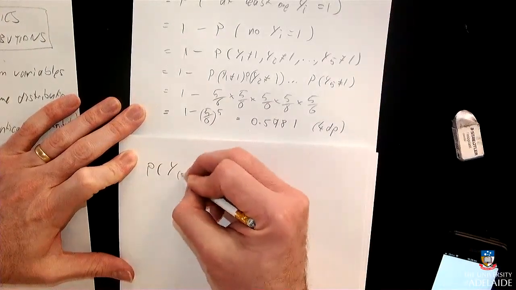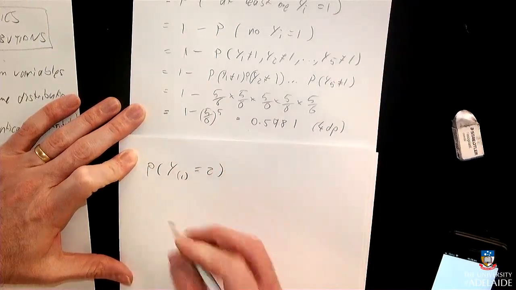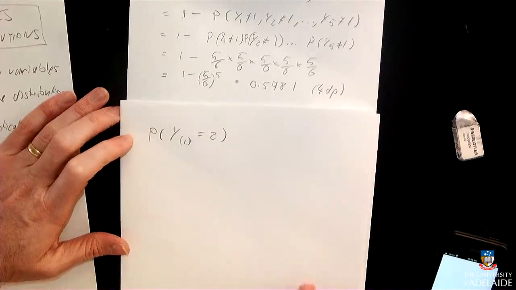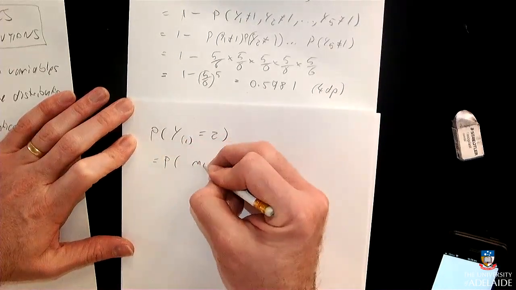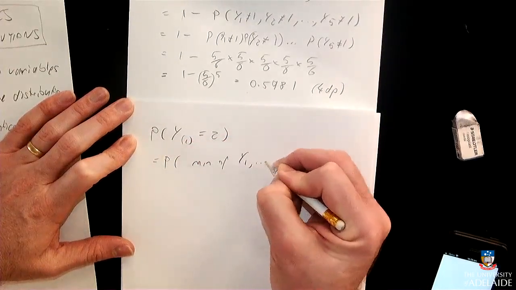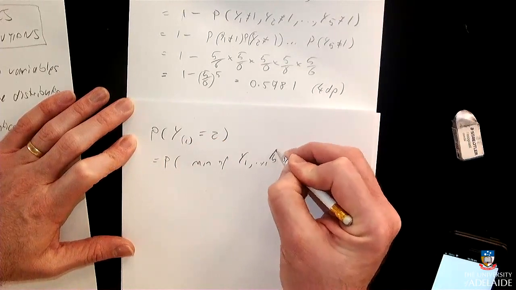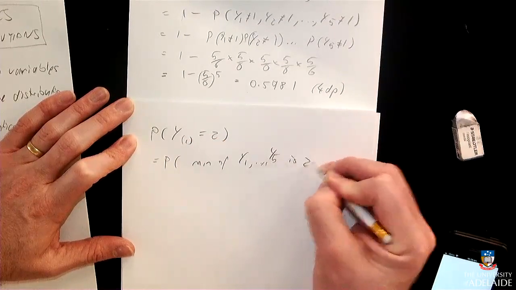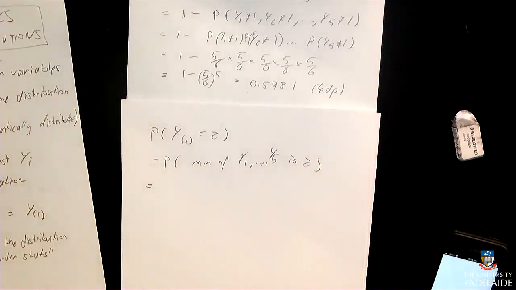Probability that y1 is 2. That's the probability that the min is 2. So it's not allowed to have any 1s, and it has to have at least one 2.